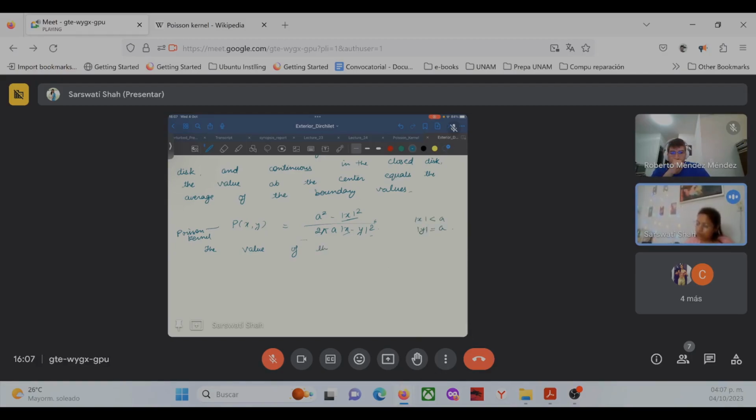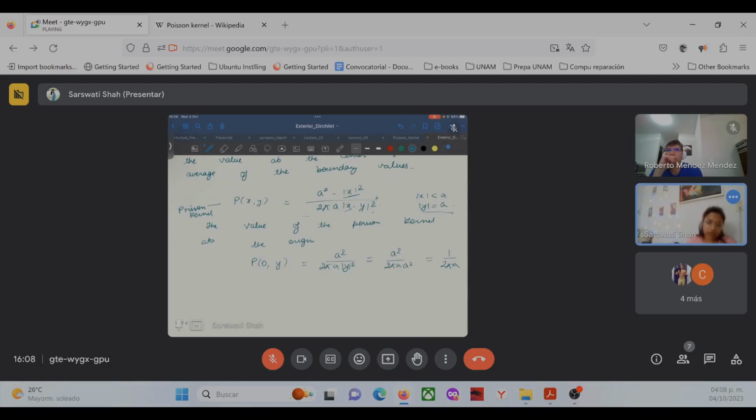So the value of the Poisson kernel at the origin, that is P of 0 comma y, is equal to a squared over 2 pi a modulus of y squared. The modulus of y is a, so that will be a squared over 2 pi a squared. So that will be 1 over 2 pi a.